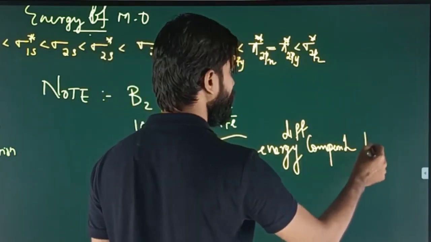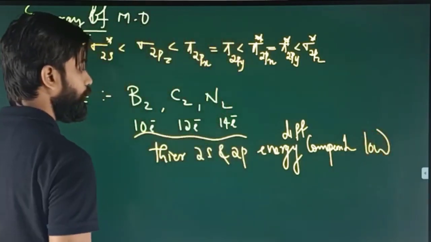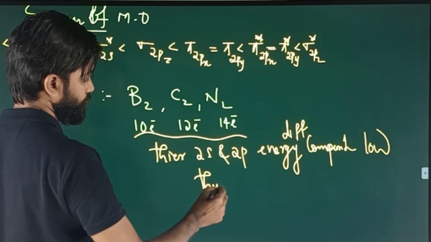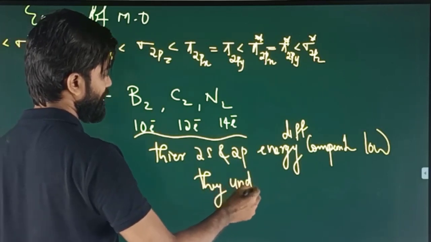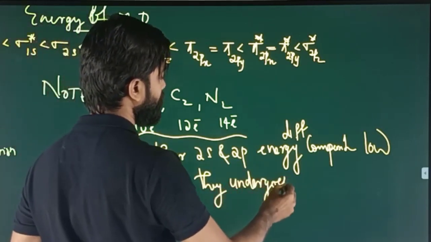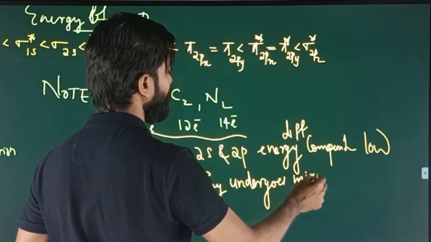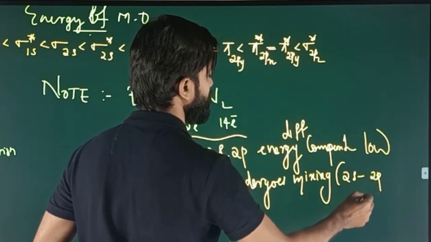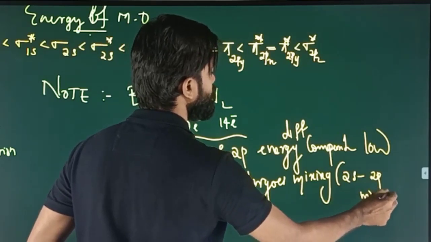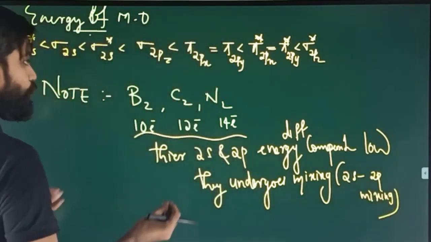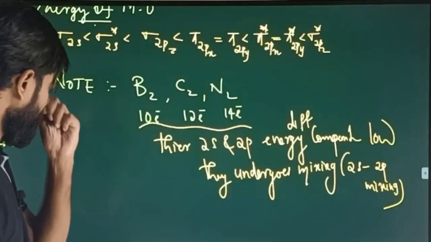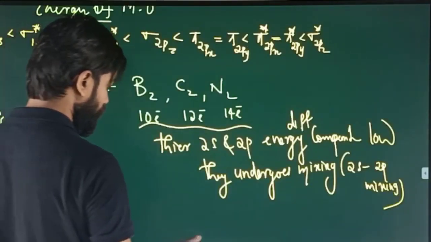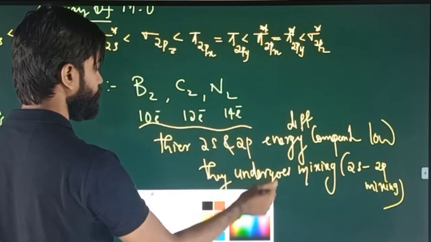Since it is comparatively low, they undergo mixing, and that phenomenon is called 2s-2p mixing. Due to that 2s-2p mixing, there is a small difference in the energy order for these species only.